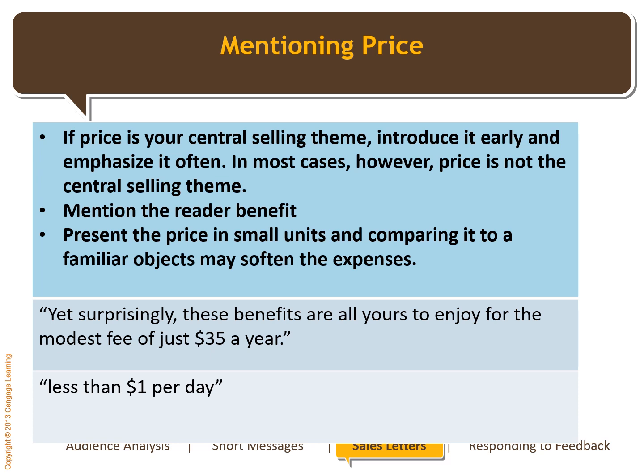So you try to mention it in small units like that. Also, one of the examples that we have over here says, yet surprisingly, these benefits are all yours to enjoy for the modest fee of just $35 a year. So after you have mentioned all of the benefits and introduced some of the major features, you can now mention the price. Again, try to mention it in small units and emphasize the benefits.